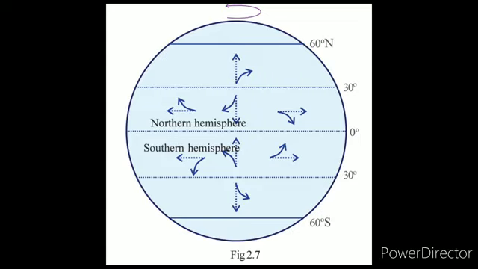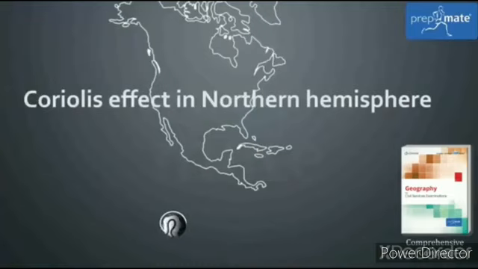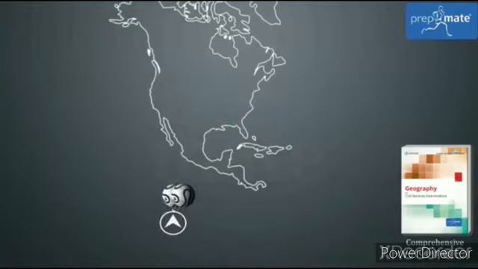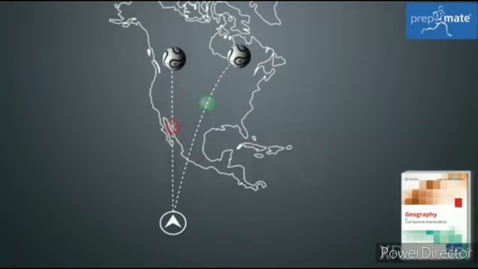The second point that influences the direction of wind is Coriolis force. This is named after a famous scientist, Gustave de Coriolis, who found the secret.